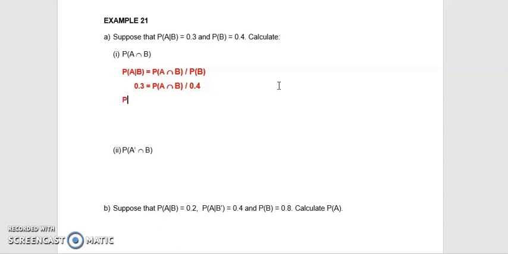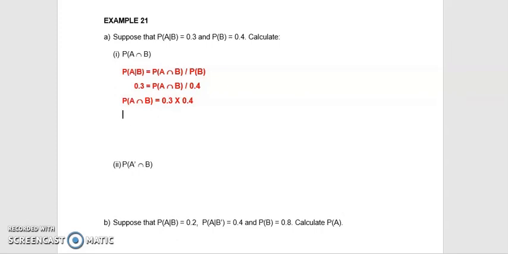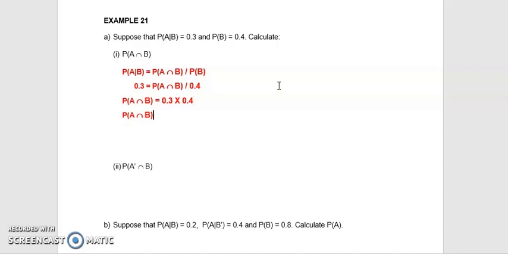So probability of A intersect B equals 0.3 multiplied by 0.4. So probability of A intersect B equals 0.12.